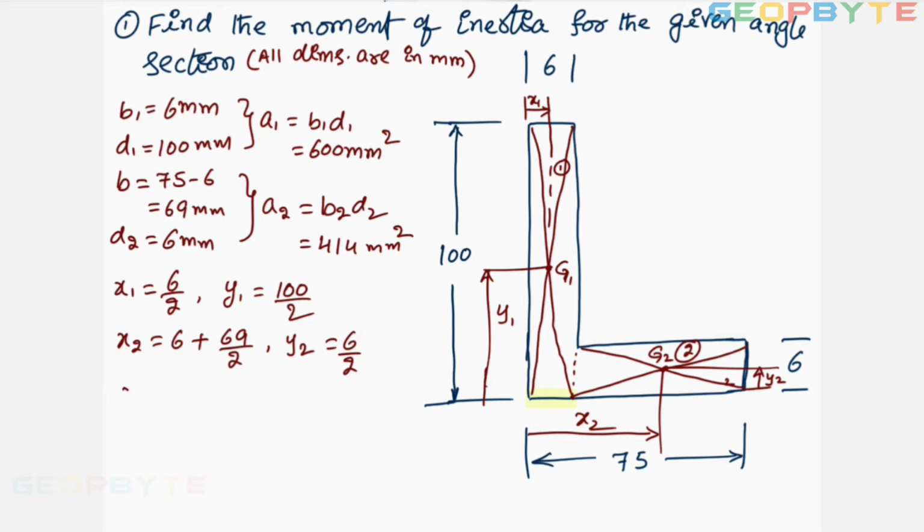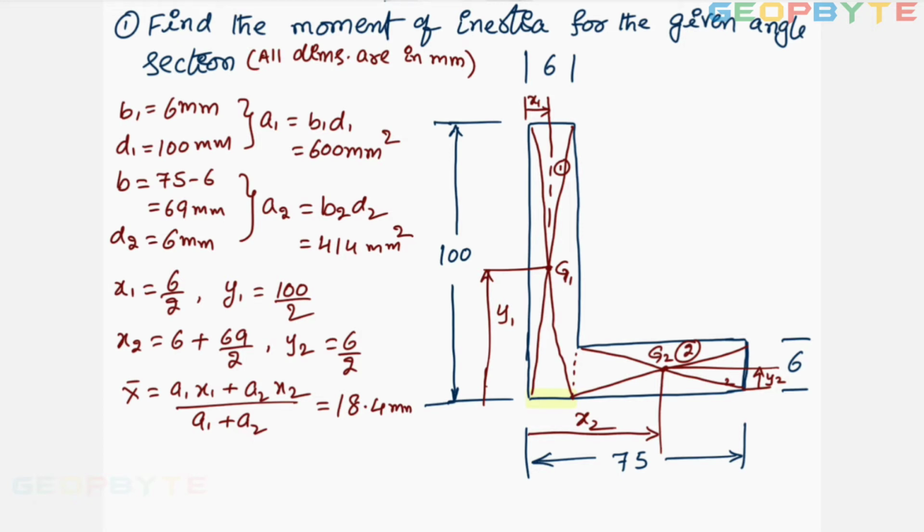Then you know how to find the x bar. X bar equal to a1 x1 plus a2 x2 by a1 plus a2. Simplify the value for getting around 18.4 mm.